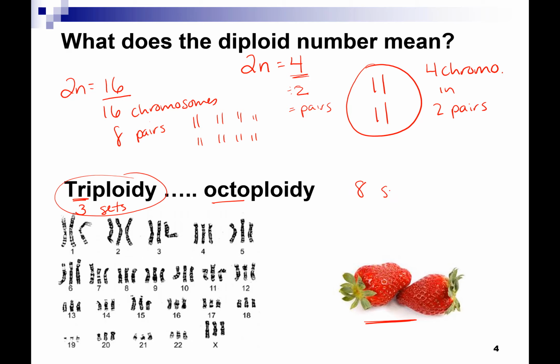That means they have 8 sets of chromosomes. So they actually have 7 different chromosomes, just like you have 23 different chromosomes, but each chromosome is represented 8 times. So they'd be 1, 2, 3, 4, 5, 6, 7, 8. There's 1.